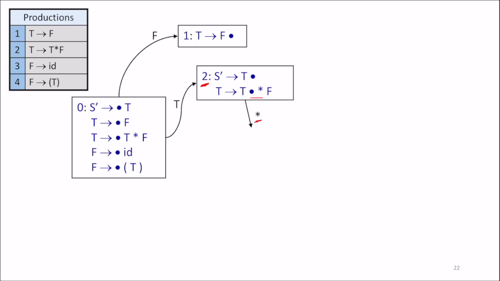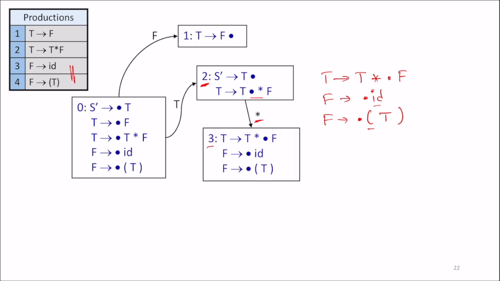What we would expect is T goes to T multiplication dot F. We look at all the F rules and predict F goes to dot id, and F goes to dot open parenthesis T, and we repeat until we get nothing new. In this case, the dot is before a terminal, so that doesn't generate any new dotted items. This dot is before open parenthesis, again it doesn't generate anything new. So when we do a successor on multiplication, we get a new state 3, which we haven't seen before, which has these three dotted items.